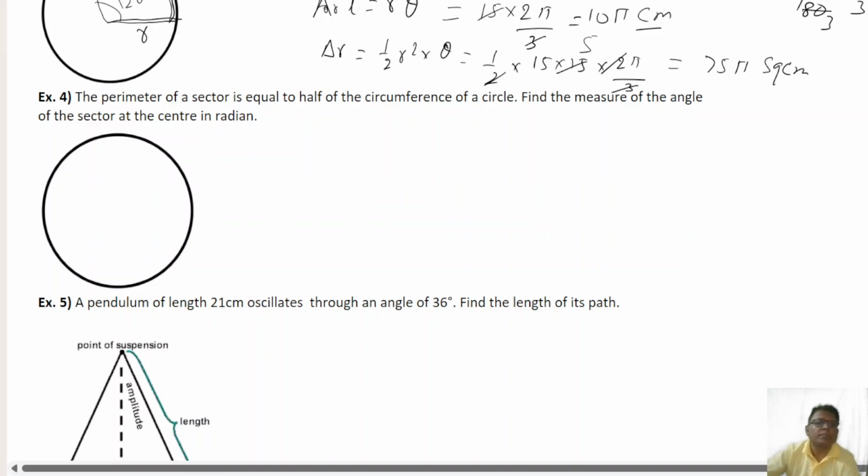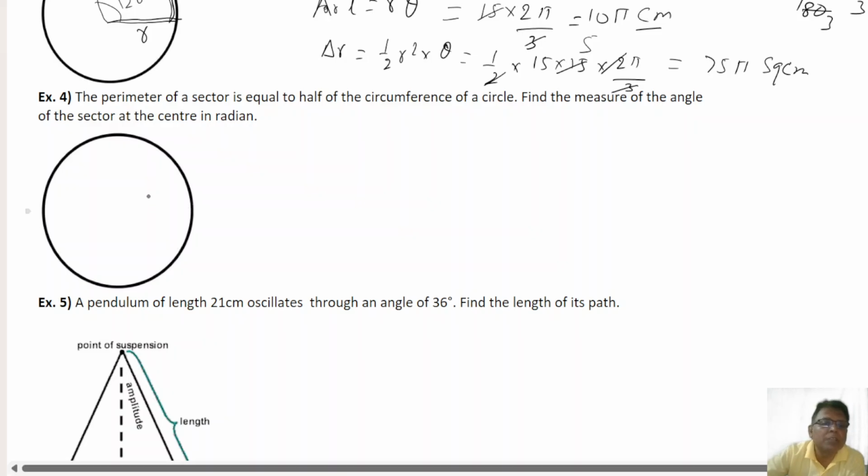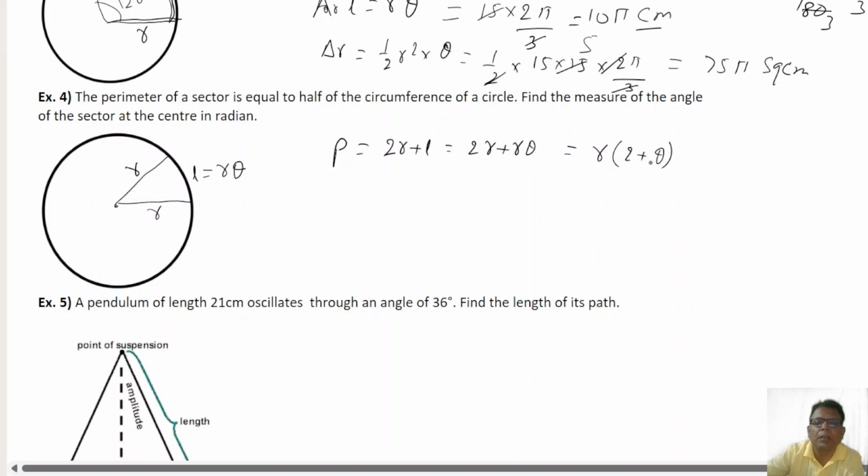Now here the perimeter of a sector is equal to half the circumference of circle. So first you make a sector. This is R, this is R, and this is L. L is equal to R into theta. So perimeter will be 2R plus L, which is equal to 2R plus R theta, which is R into (2 plus theta).